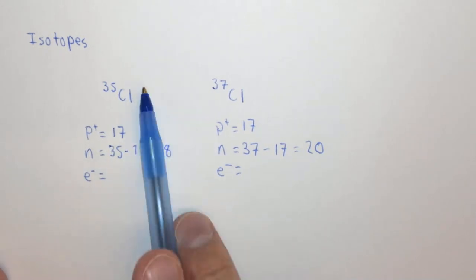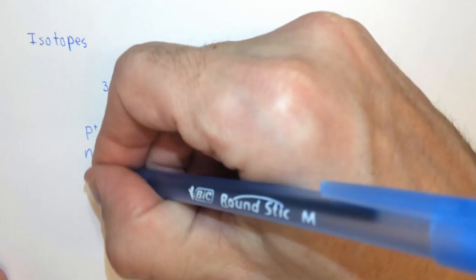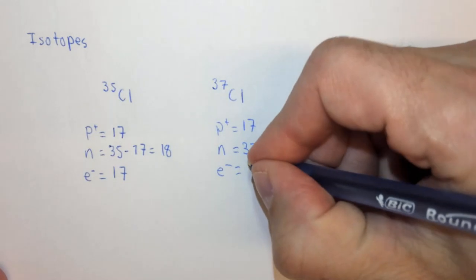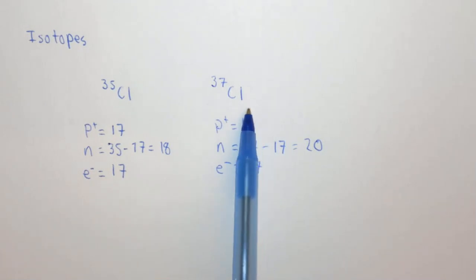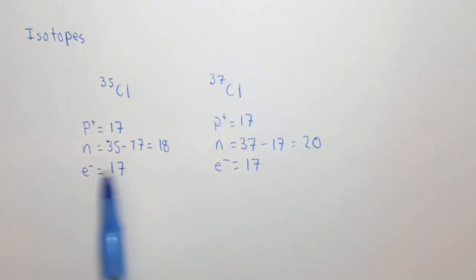Number of electrons, they're both neutral, so they both have an equal number of protons and electrons. Said another way, they both have 17 electrons. So these two isotopes, which both exist in nature, differ in the number of neutrons. So there's two ways of looking at isotopes.